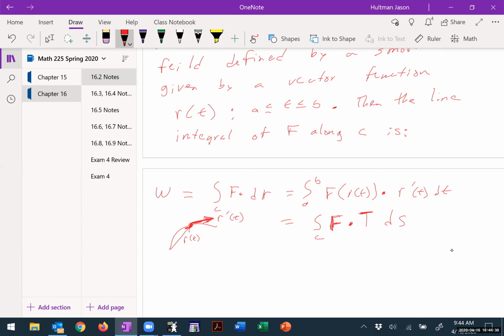Okay, W is kind of interesting. Why W here? Well, because the big F here refers to force, and T is with respect to distance.